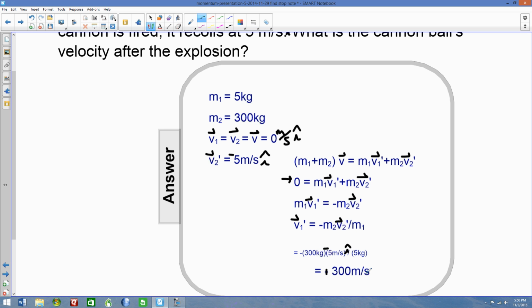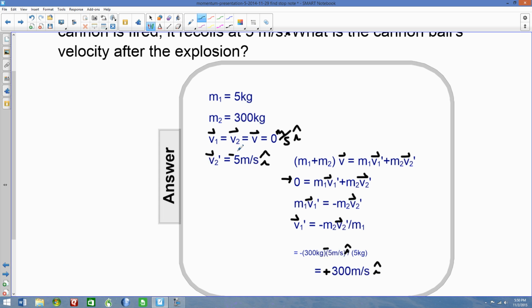That means the cannonball is going to move east at 300 meters per second because the cannon went backwards 5 meters per second. Let's go through this again. m1 is the cannonball, m2 is the cannon. They're both connected; the cannonball is inside the cannon.